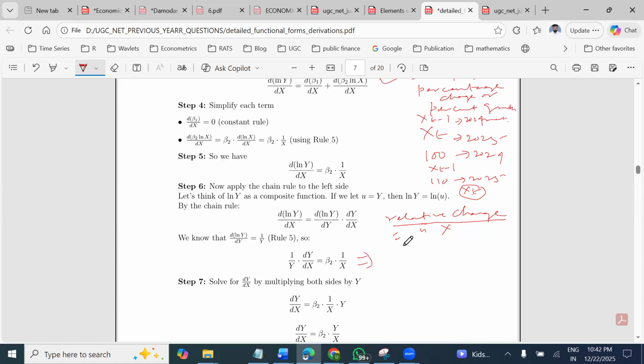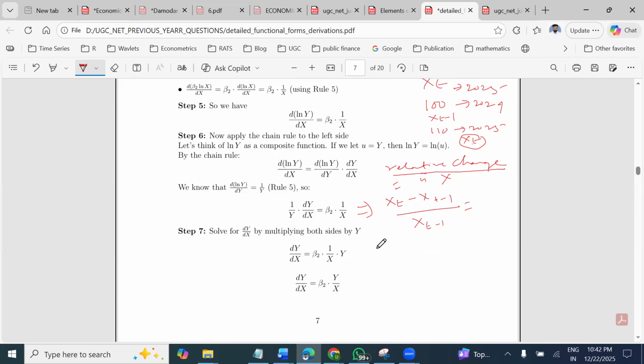No, sir. Okay. First of all, when we say relative change, it means with respect to the base year we are talking about, isn't it, sir? Because GDP growth rate we calculate like this. That is what I was telling you.